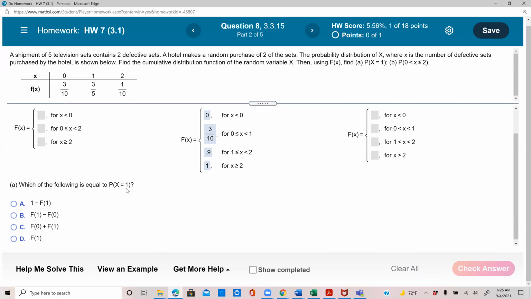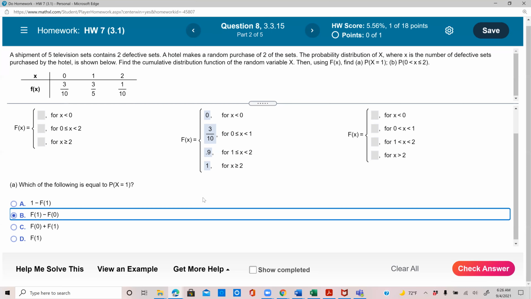So strictly at x is equal to 1, it will be F of 1. F of 1 gives us everything up to 1. But we don't want the 0. So you subtract F of 0 off, and that gives you just the 1 at 1.